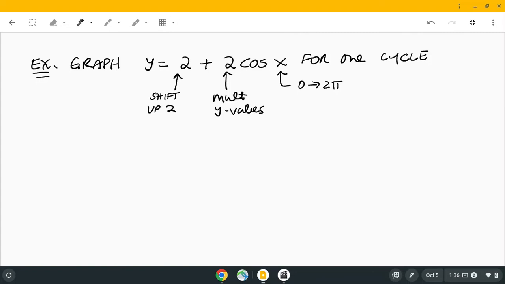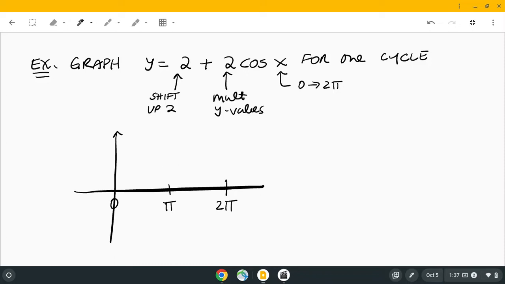Okay, so be able to take a look at the equation and analyze it so that you know what's going to happen with the original graph. Okay, so we're still going from 0 to 2 pi. And then our original graph is from -1 to 1.